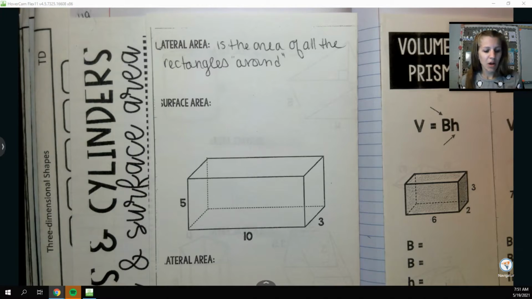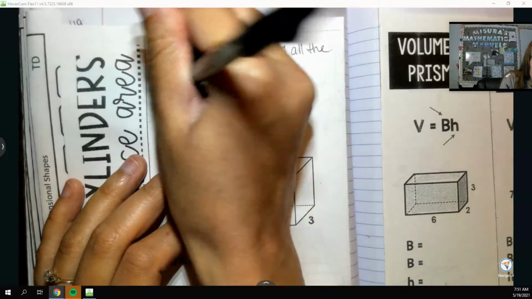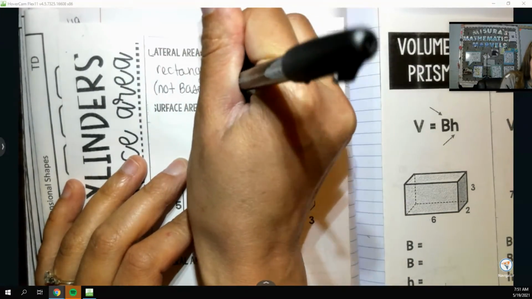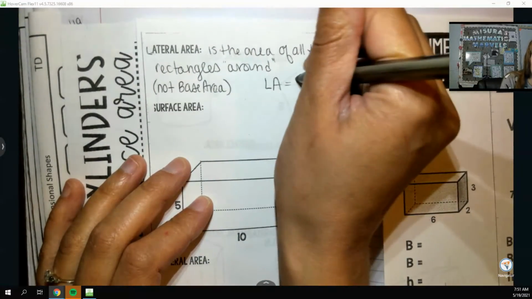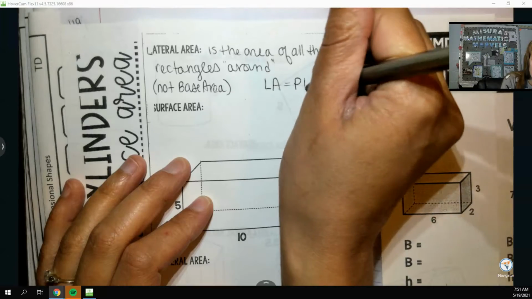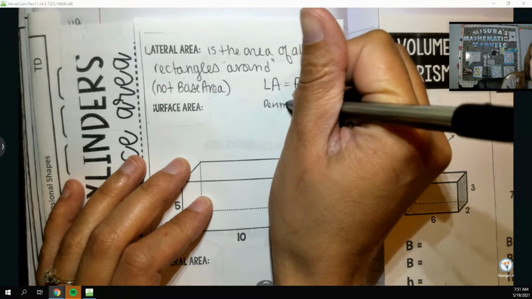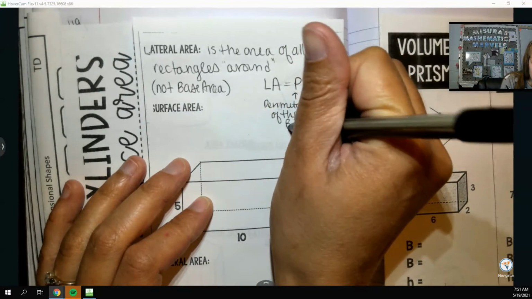So we're finding the area of all the rectangles around. Essentially, it's not base area. It's all the other stuff. And so when we're finding lateral area, we use that formula, perimeter times height, where again, perimeter is perimeter of the base shape.